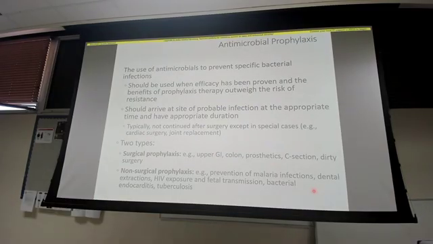So when I look at this, what I want you to remember is just down here, you have your two types. You have your surgical and you have your non-surgical. When we're talking about surgical, those are any types of surgeries where I want to prophylactically treat the patient with an antibiotic prior to the procedure. I'm trying to prevent that bacteria from dislocating from one spot and going somewhere else and potentially causing an infection, okay?